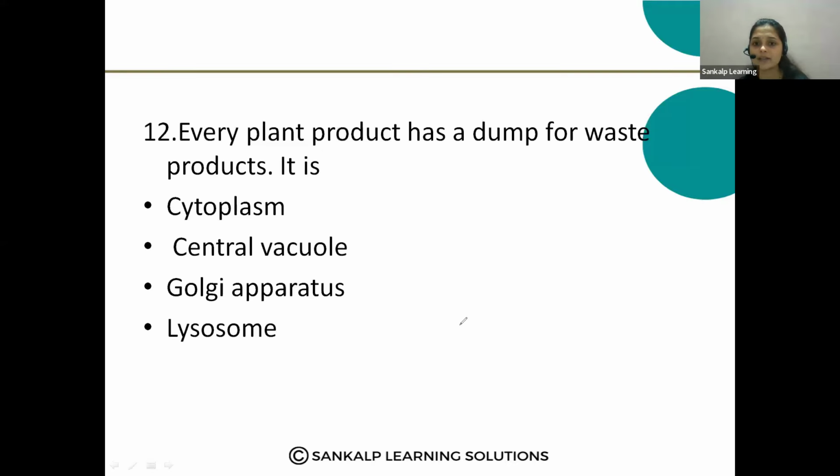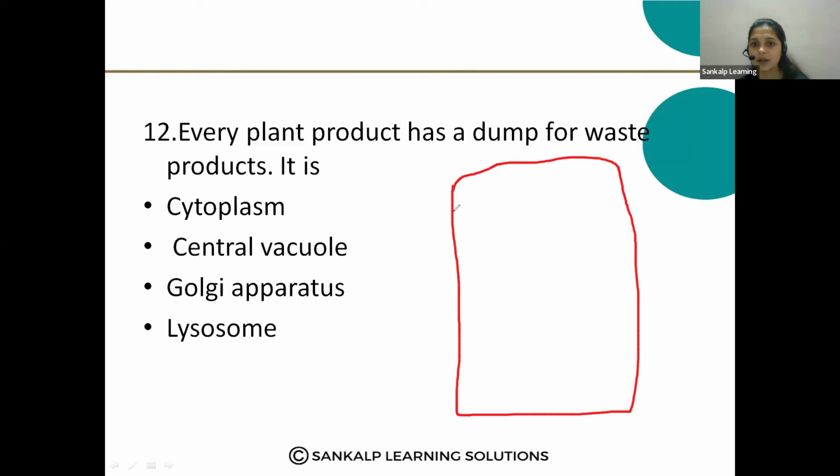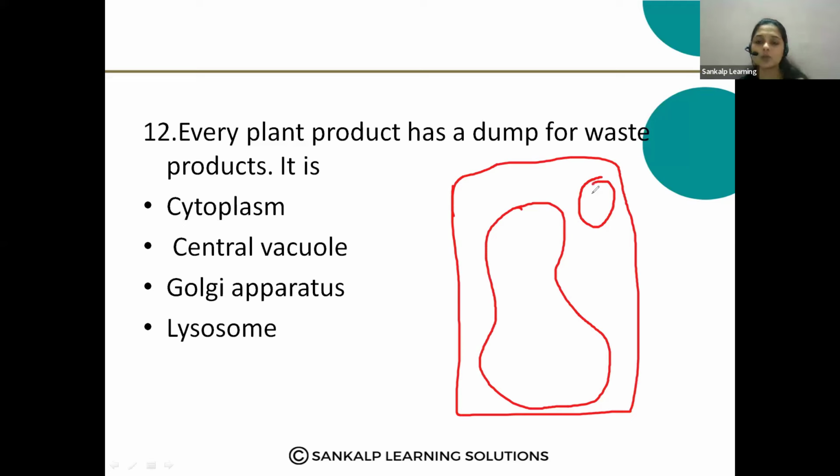So in the plant cell there is a vacuole in the center, right? The nucleus is towards the peripheral region, but this vacuole occupies 70 to 90% of the plant cell, and it is able to store some of the waste products produced in the plant.